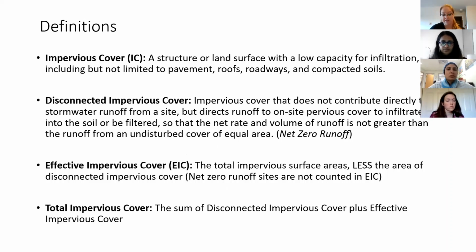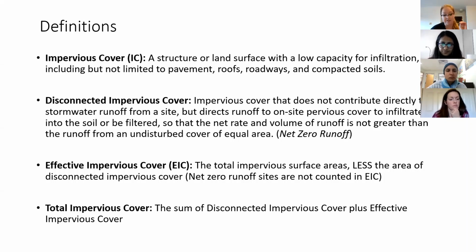Disconnected impervious cover is impervious cover that does not contribute directly to stormwater runoff from a site, but directs runoff to an on-site pervious cover to infiltrate into the soil or be filtered, so that the net rate and volume of runoff is not greater than the runoff from an undisturbed cover of equal area. This is what a lot of people already know as net zero runoff. So net zero runoff and disconnected impervious cover is the same thing.